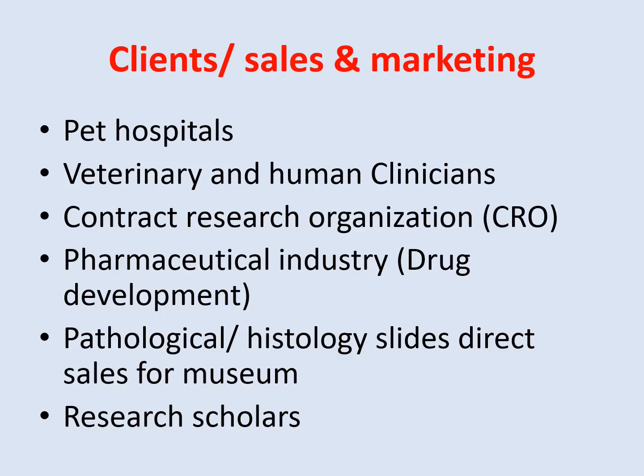So if you are preparing these slides, normal histological slides or pathological slides, you can sell them for their museum, and they can give money, which is very costly actually. Persons are selling thousands, 5,000 per slide. They are charging for these specific pathological condition slides. So they can be our clients.